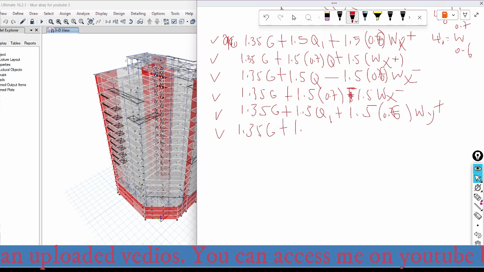plus 1.5 multiplied with the combination factor, that is the reduction factor 0.7, times Q, plus 1.5, that's in the negative direction, I can make it minus 1.5.